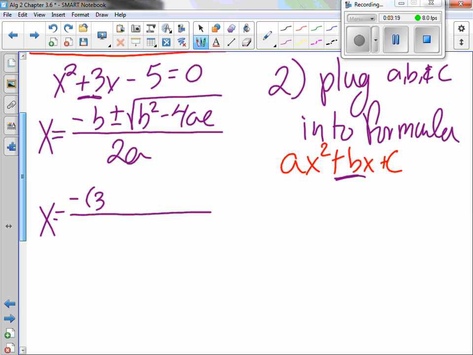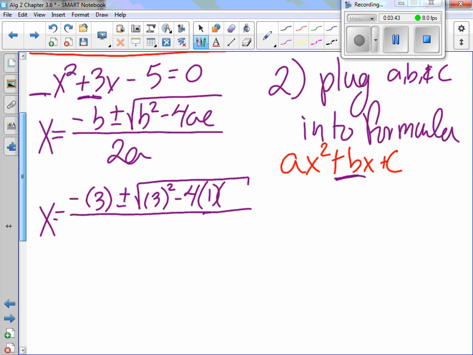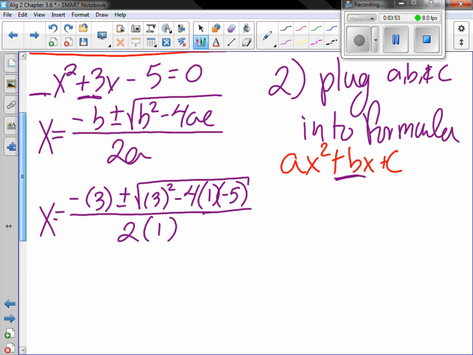So we'll have negative b plus or minus the square root of b squared, so 3 squared, minus 4 times a. Well, there's not a number in front of x squared, so a is 1. And the value of c is negative 5, over 2 times a, or 2 times 1. We plugged in the values of a, b, and c: a was 1, b was 3, and c is negative 5.